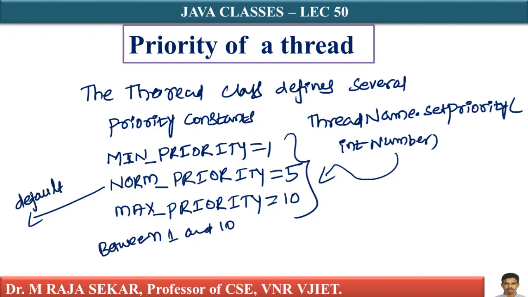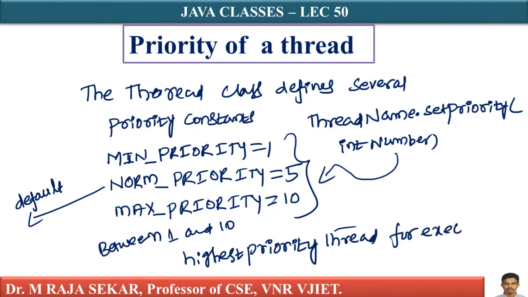Whenever multiple threads are ready for execution, the Java system chooses the highest priority thread for execution.